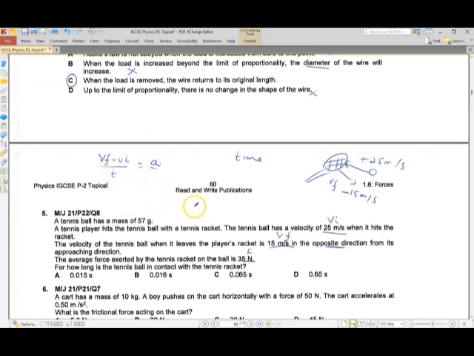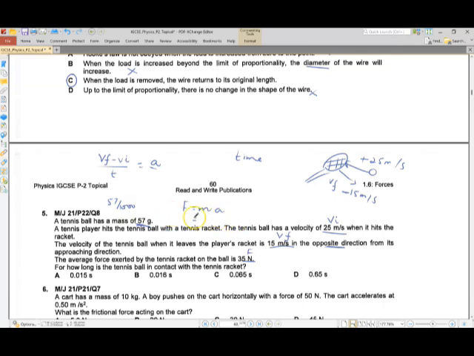To find the acceleration, we need a formula, that is F equals ma. We already have the mass and we already have the force, so we can easily find acceleration from this formula. Now the mass has to be in kg, so 57 divided by 1000 gives 0.057.